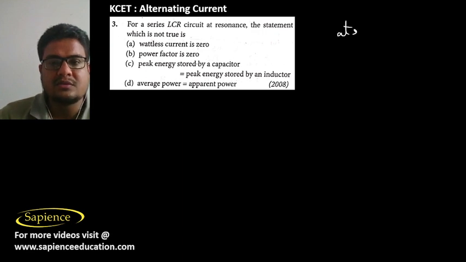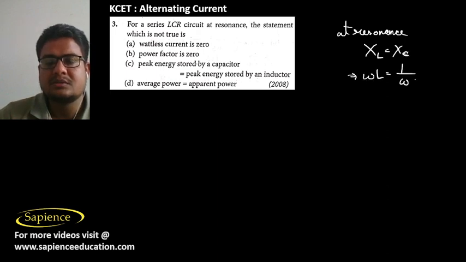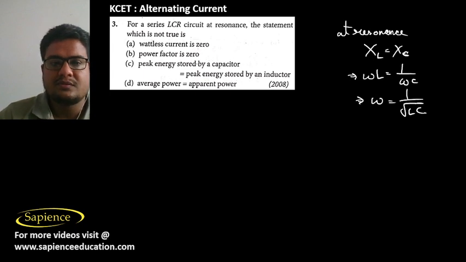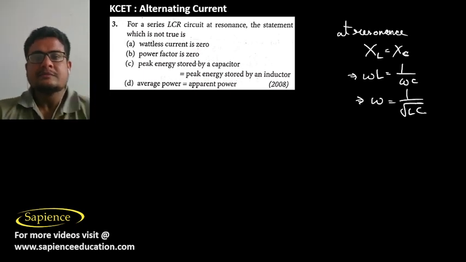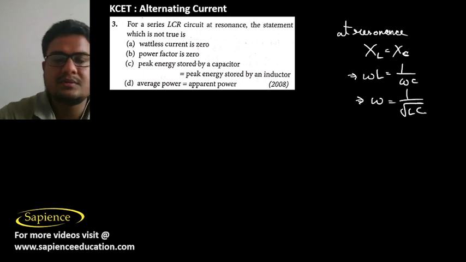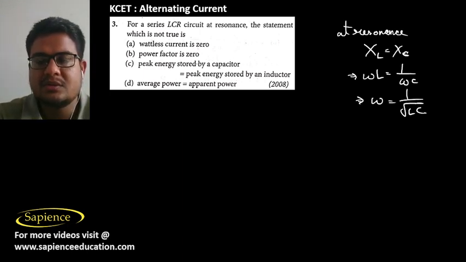At resonance, we know that XL is equal to XC, which means the inductive reactance is equal to the capacitive reactance. Omega L is equal to 1 by omega C. From here we can find omega, that is 1 by root over LC. So this is the angular frequency at resonance.